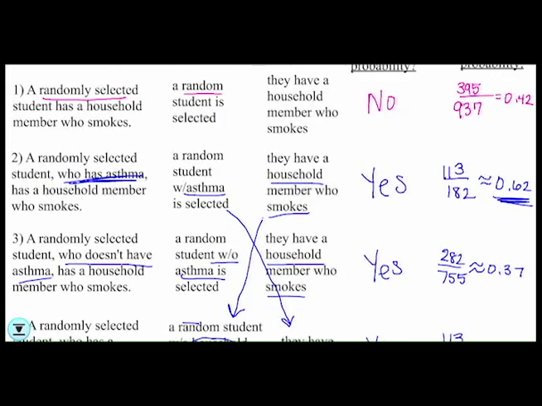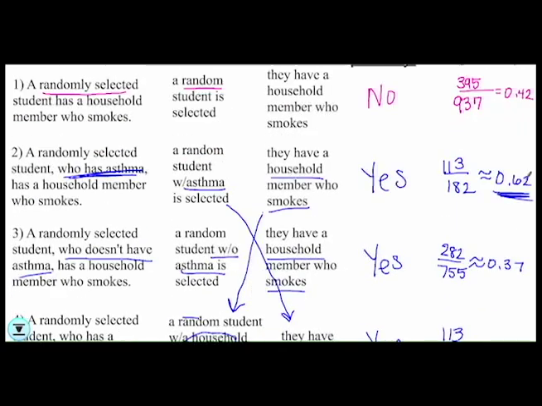But if I go up to maybe the highest probability here, if I picked a random student with asthma and they have a household member who smokes, we can see that that's a much higher probability. So it's much more likely for them to have a household member who smokes and also have asthma. Again, we're going to look at how to interpret this information a little bit later on, probably next week.